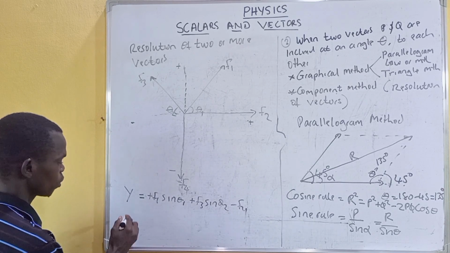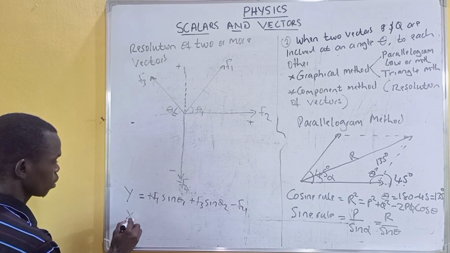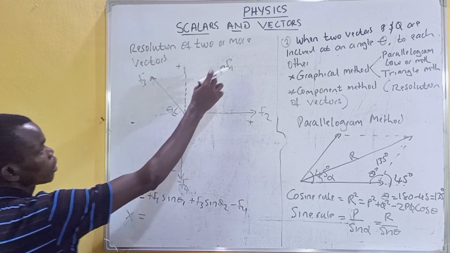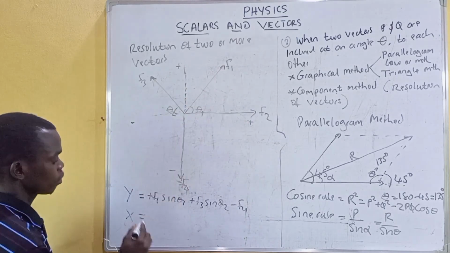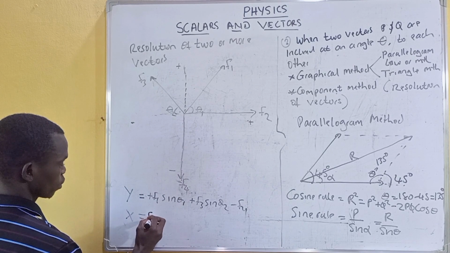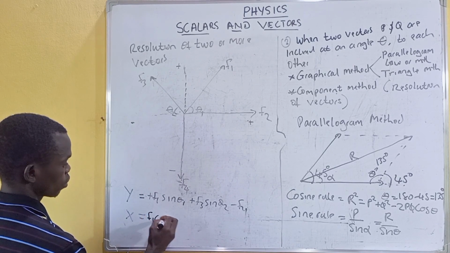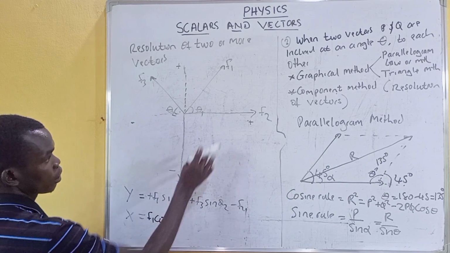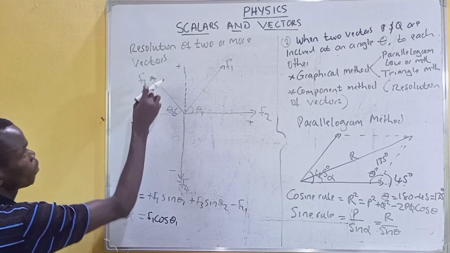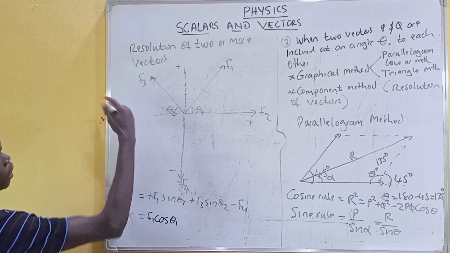And if we are to sum all the horizontal components, we have this F1, we resolve it to the horizontal. Since we are closing the angle, it will be F1 cos theta 1, and it is positive. And when you look at this, we are resolving to the negative side.